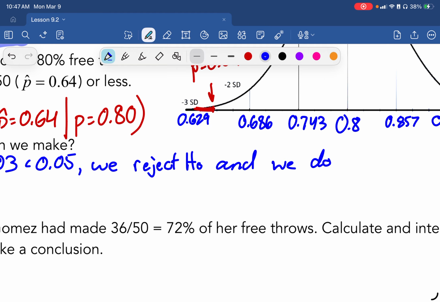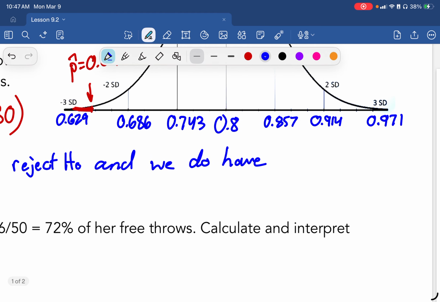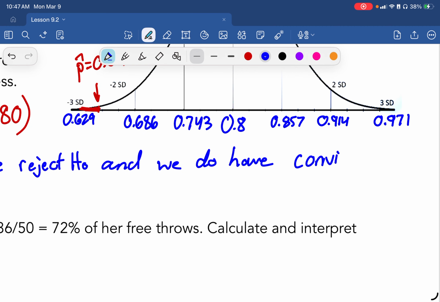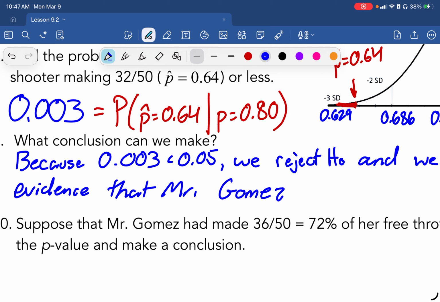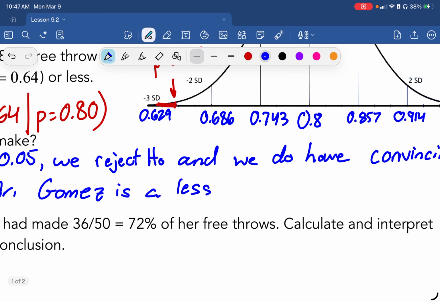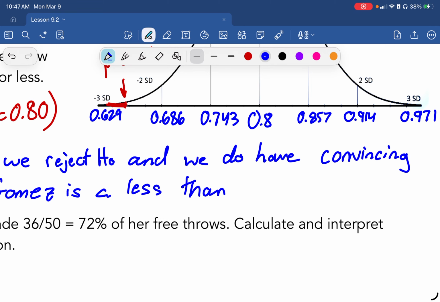And we do have convincing evidence that Mr. Gomez is a less than 80% free throw shooter.